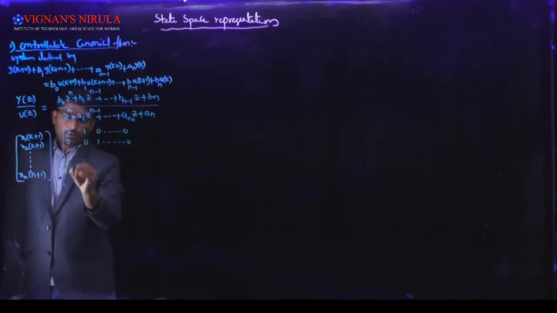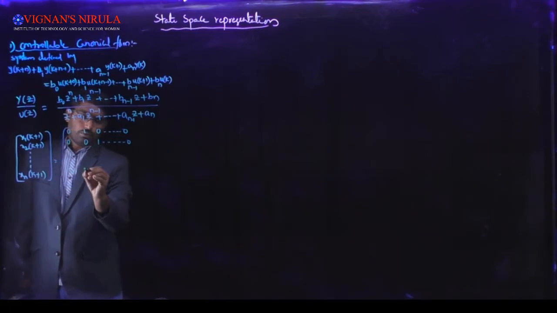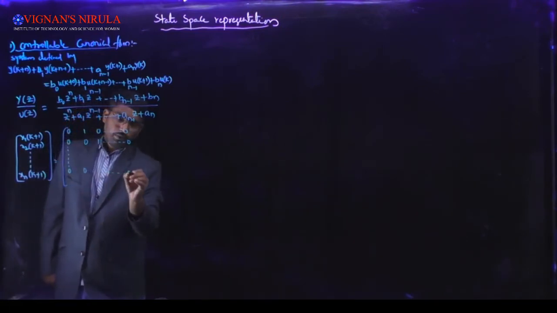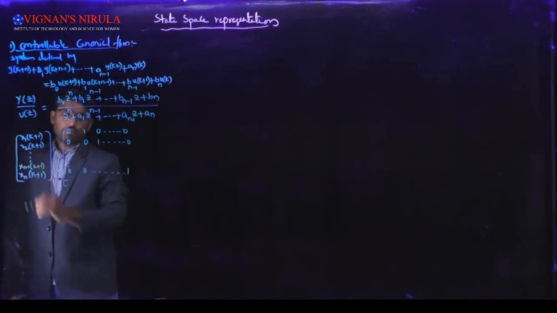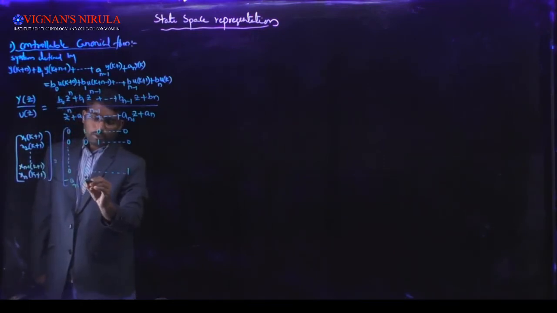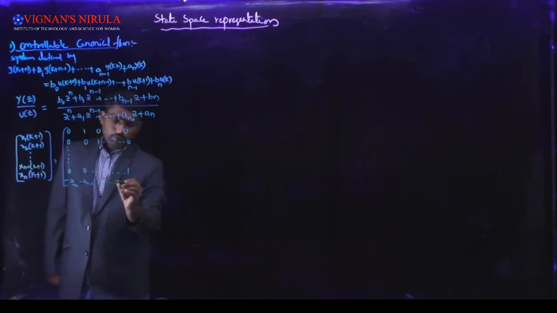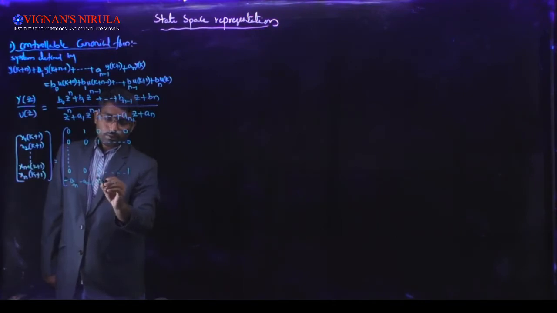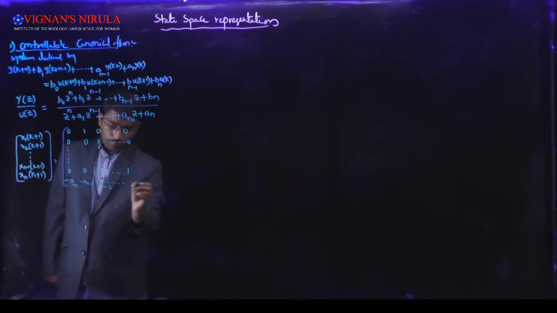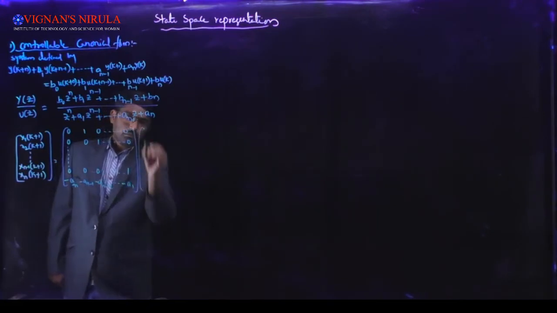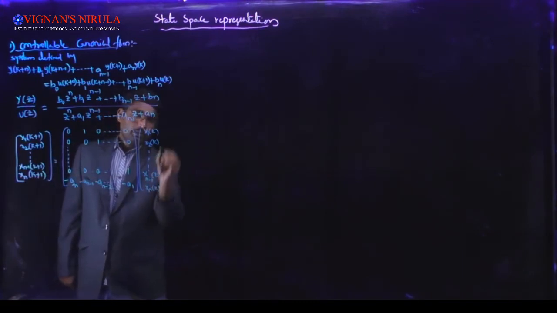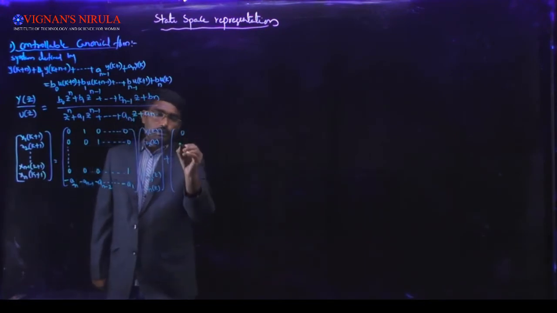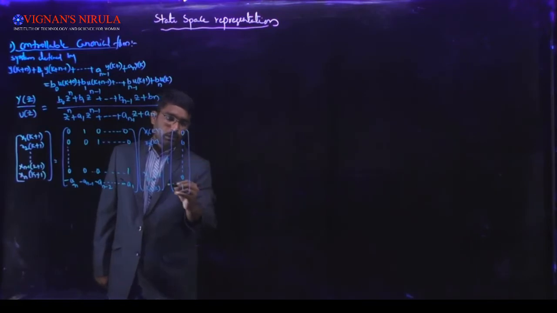In the same way, for the last but one row, it becomes 0, 0 and so on followed by 1, and the last row becomes minus an, minus an minus 1, and so on up to minus a1, multiplied by x1 of k, x2 of k, and so on up to xn minus 1 of k and xn of k, plus 0, 0, and so on up to 0, and 1 as the last element, into u of k.